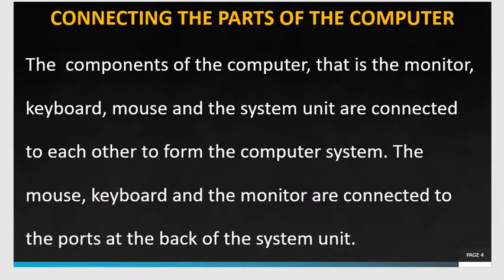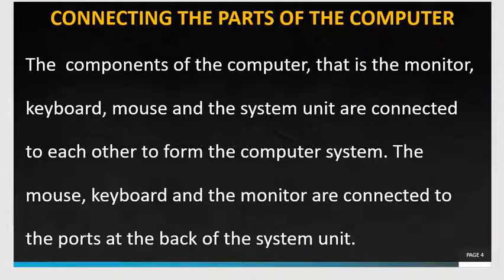Now let's look at how these components of the computers are being connected. The components of the computer, that is the monitor, the keyboard, the mouse, and the system unit, are connected to each other to form the computer system. Last week we saw that each of the components has its own function.